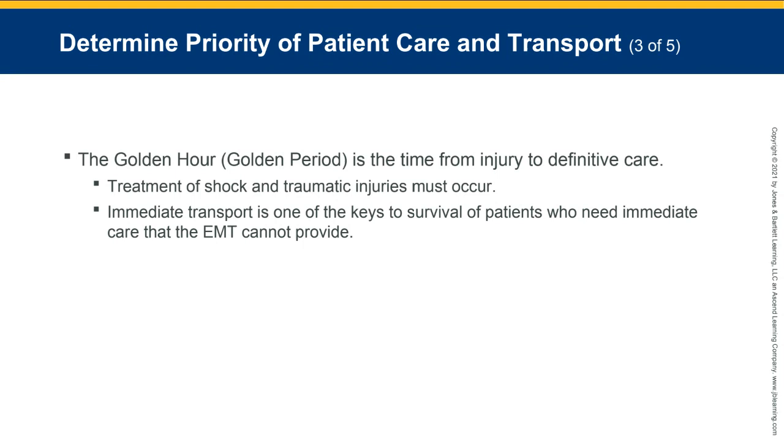Immediate transport is one of the keys to survival of patients who need immediate care that the EMT cannot provide. Notice that statement said, immediate care that the EMT cannot provide. So if it is something that you can provide, it needs to be done for the patient. So if you recognize that your patient needs an airway adjunct and positive pressure ventilation, it needs to be done.